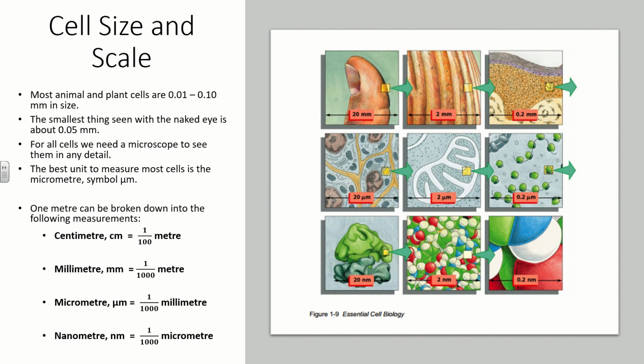So you find in biology, especially in this unit of cells, that the main unit of measurement you'll use would be micrometer. So that is the best unit to measure most cells. But sometimes you'll find that things are measured in nanometers or millimeters, and you might be asked to go between them in order to complete your calculation.